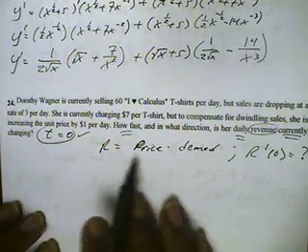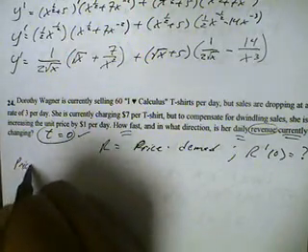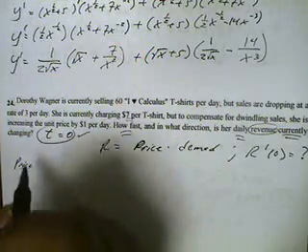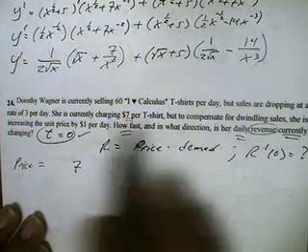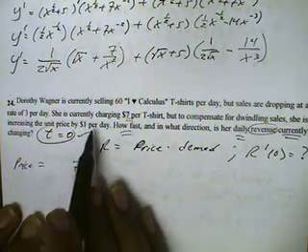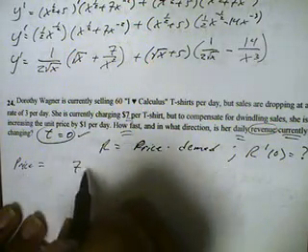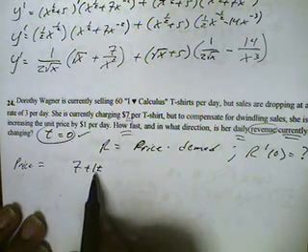So first, what's the price? Price right now is $7, since she's currently selling these things at $7. But she is increasing the price $1 per day, so that's time. So each day that goes by, it goes up another $1. So that's 7 plus 1 times t, the time or day.